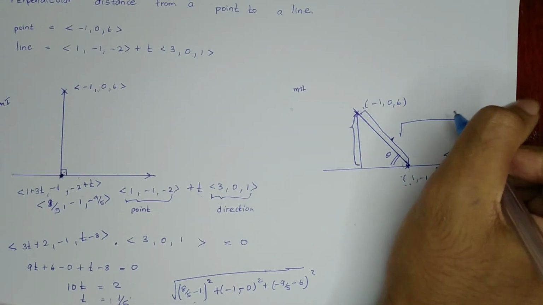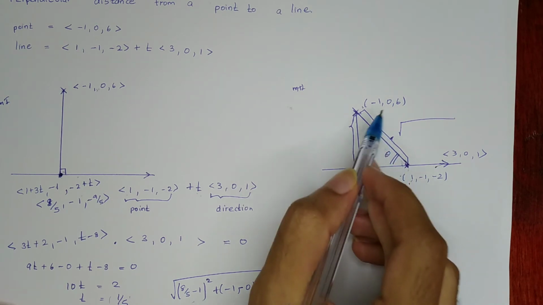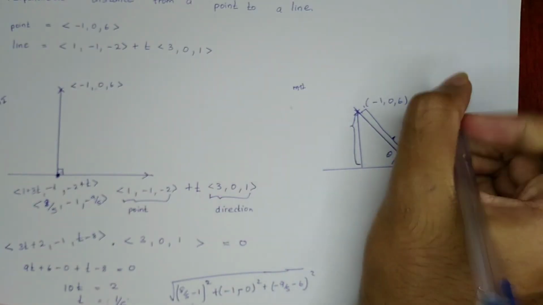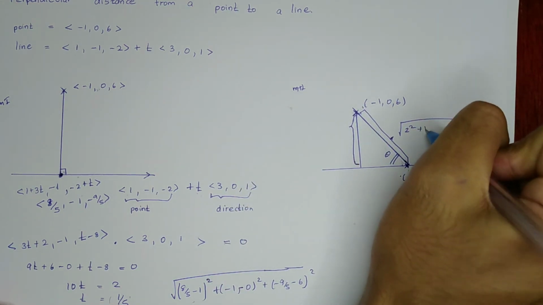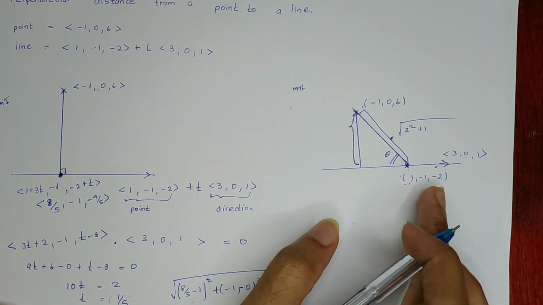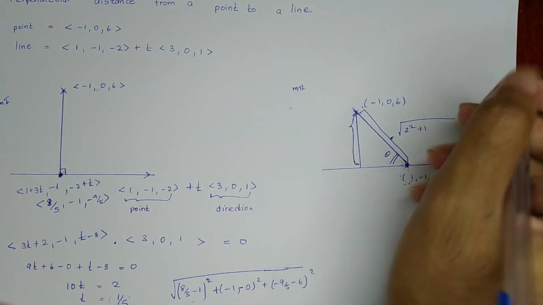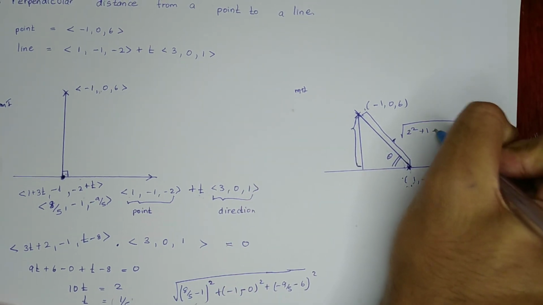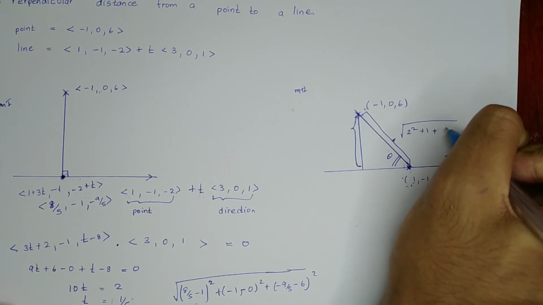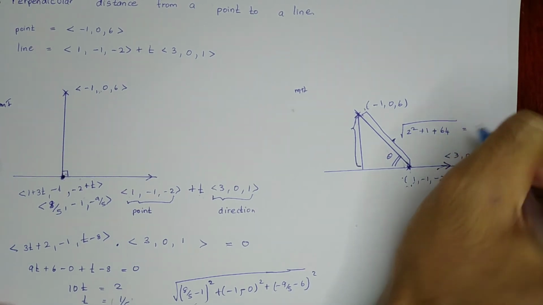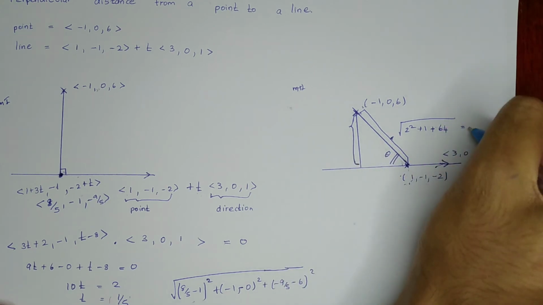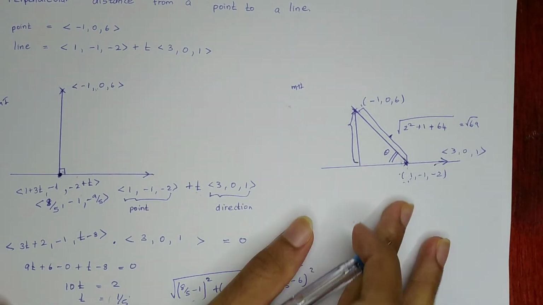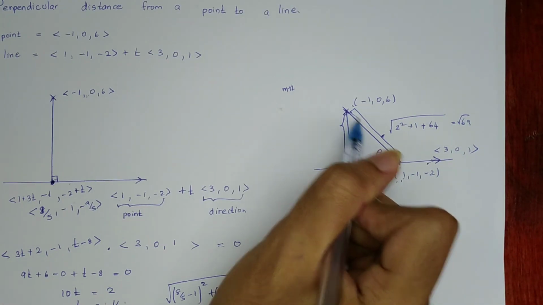For that, I'm going to do this: root of (1 minus -1), so it's going to be 2 squared, plus 1 squared, and -2 minus 6 means -8, whole thing squared would be 8 times 8, it's going to be 64. So if I simplify this, I'll be getting root of 69. So this is the magnitude of this.